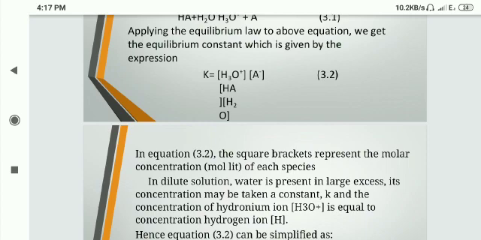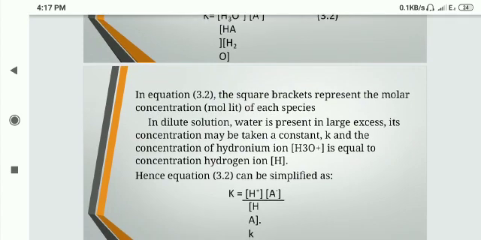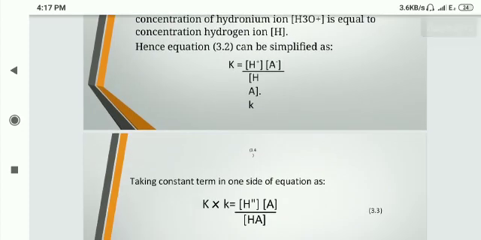Therefore, the above equation 3.2 can be simplified as K is equal to concentration of H plus. What will we put in place of hydronium ion? H plus ion, into concentration of A minus divided by concentration of HA into K dash.